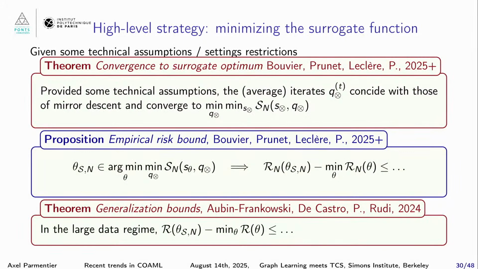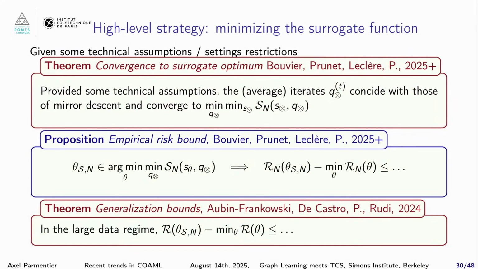The second proposition we have is that now when we minimize over Q instead of minimizing over S, we can bound the distance between the objective of the initial problem, the empirical risk minimization, and the objective of the surrogate. Which means that since we can bound the distance between the two functions, we control how far we are from the optimum.